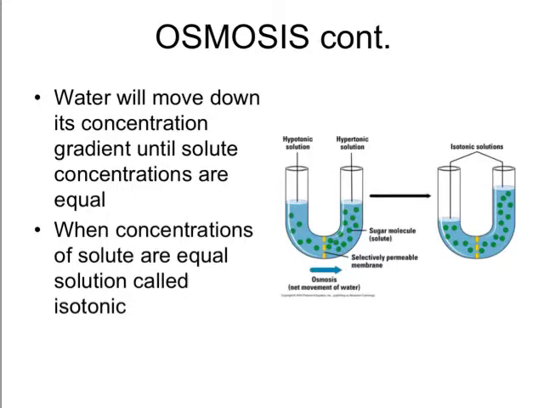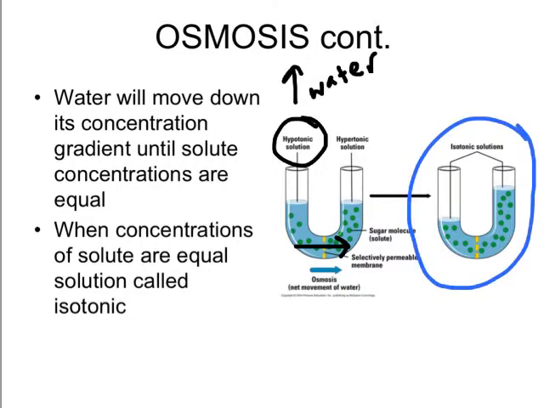So the water will go from greater concentration, which remember we have on the hypotonic side, that means we've got more water than the other, to the hypertonic solution, so that it dilutes it out a little bit, and in the end we get an equilibrium or an isotonic solution.